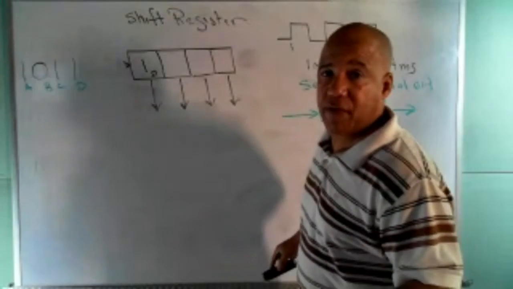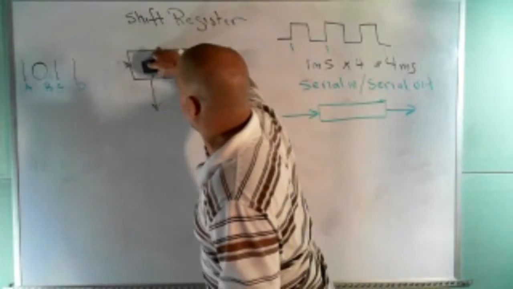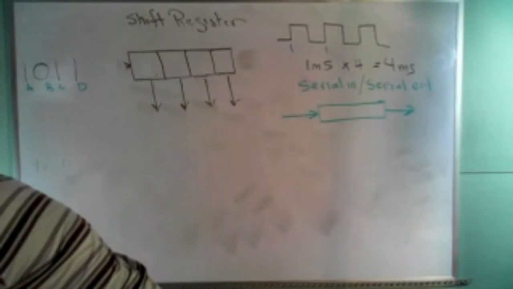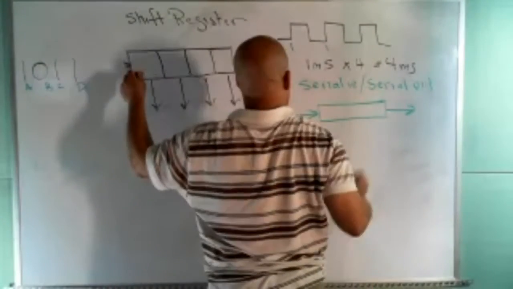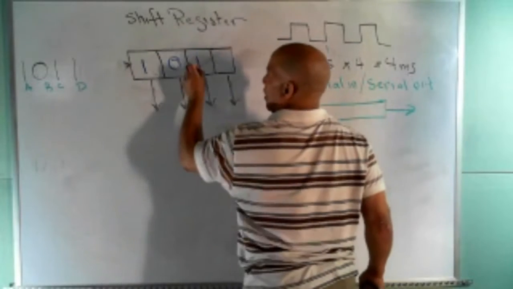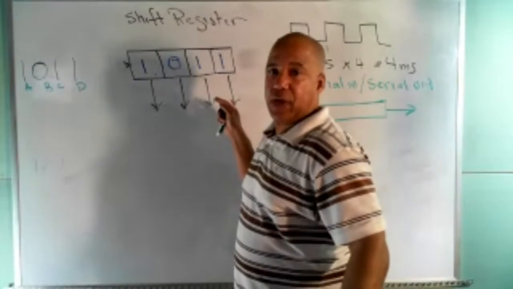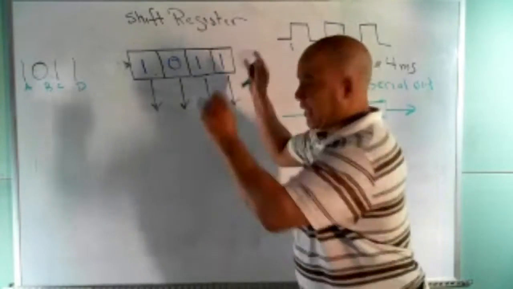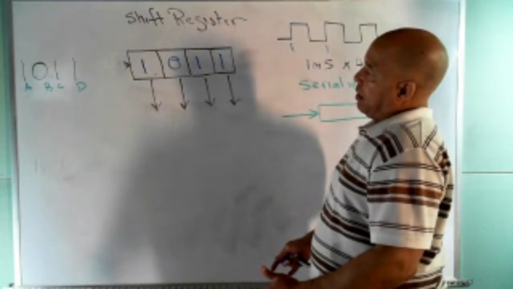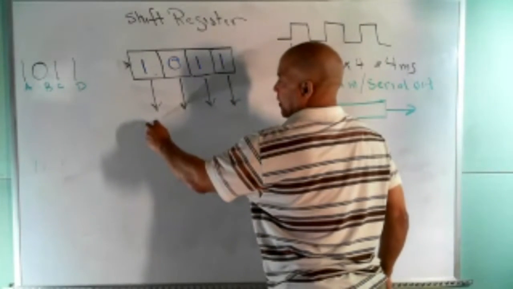So to load this shift register, again, it would take 4 clock clicks. But then when I load it, after 4 milliseconds, according to what I have here, 1, 0, 1, 1. That's called a write when you load it. If I want to read it, get this out, it won't take 4 clicks of the clock because everything is in parallel. Everything comes out together.